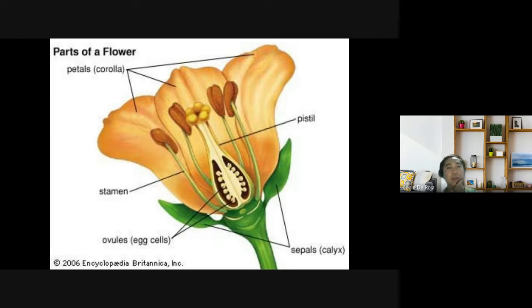Kumbaga, nandito na yung male reproductive part at female reproductive part. Okay? Ito po yung stamen and ito po yung pistil. Stamen is the male reproductive part. Pistil is the female reproductive part.